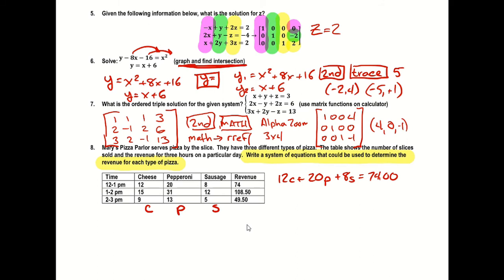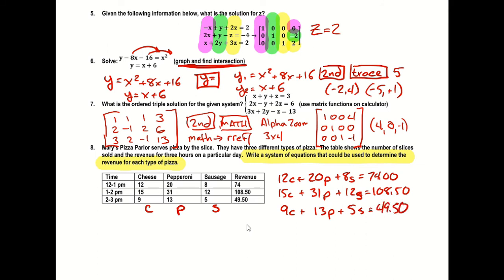Our second equation, we have 15 cheese, 31 pepperoni, 12 sausage, and that equals $108.50.